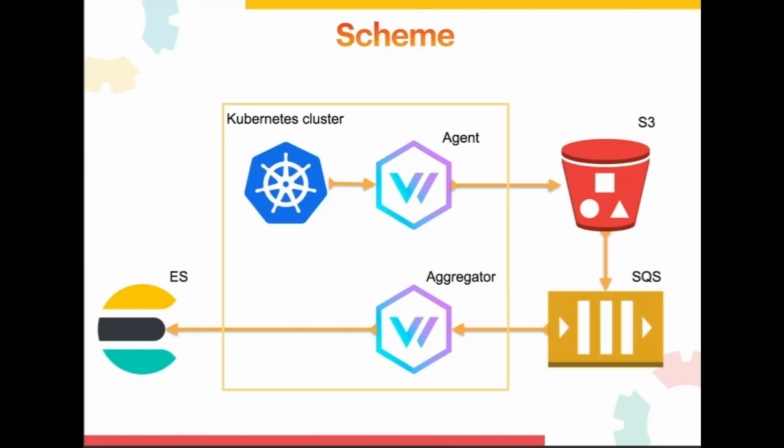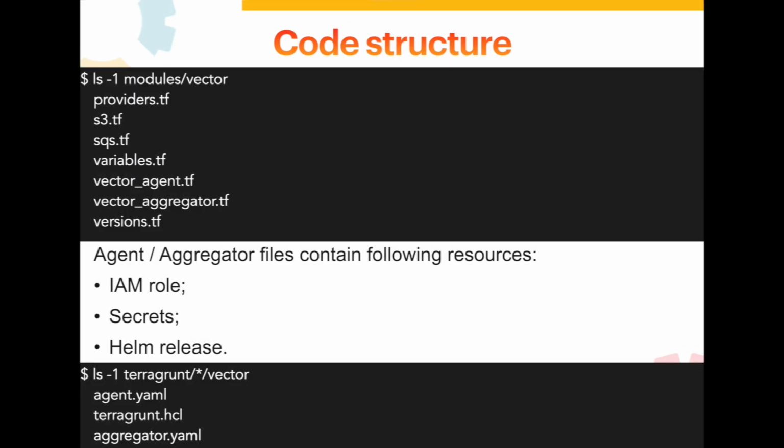That's how I understand it. It was the only option. And of course, we should configure the S3 event notification, which goes to SQS and is processed by the aggregator afterwards. Yeah, I can move on to the next slide.